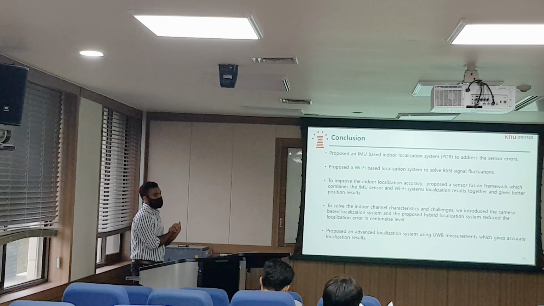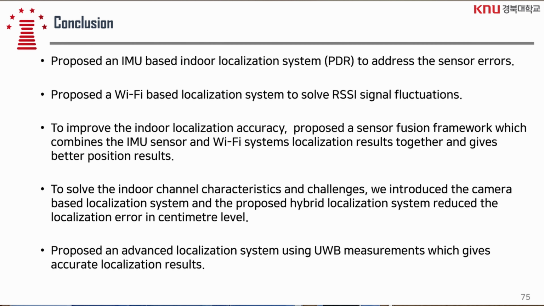In conclusion, first we proposed an IMU sensor-based localization system and implemented a real-time system. To reduce the errors, we introduced Wi-Fi RSSI signals to the system. To get a very accurate result, we combined both RSSI and IMU sensor data.